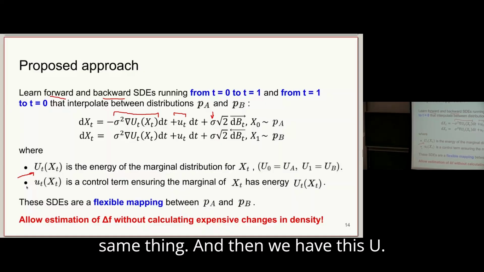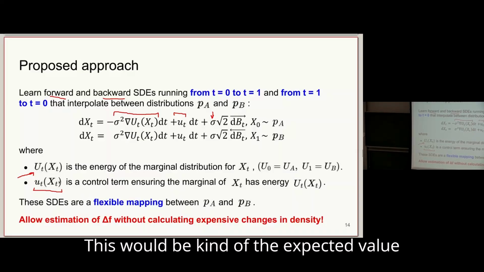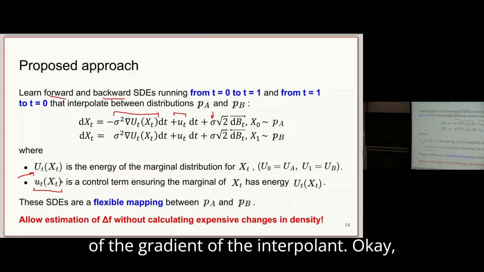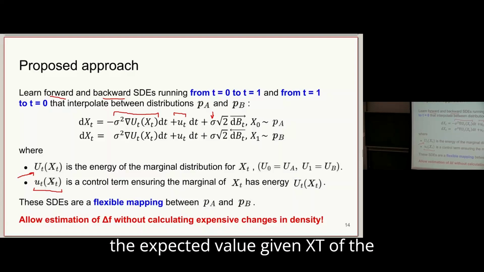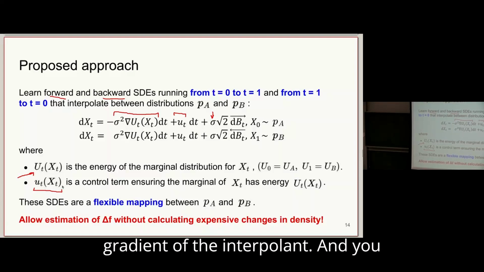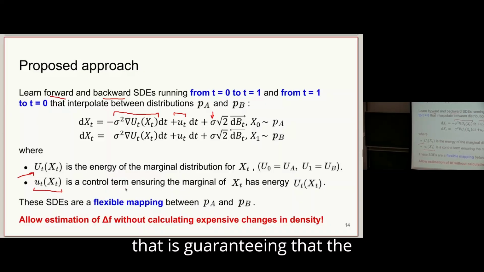And then we have this U. U is this drift. This would be kind of the expected value of the gradient of the interpolant. Okay, we saw it in the previous lecture. U is the expected value given xt of the gradient of the interpolant. And you could think of this as a control term that is guaranteeing that the marginal distribution has the right energy.